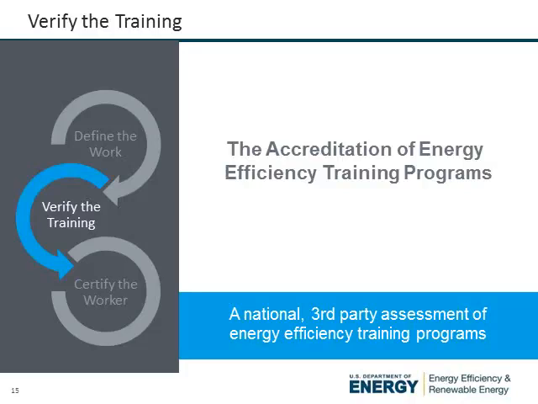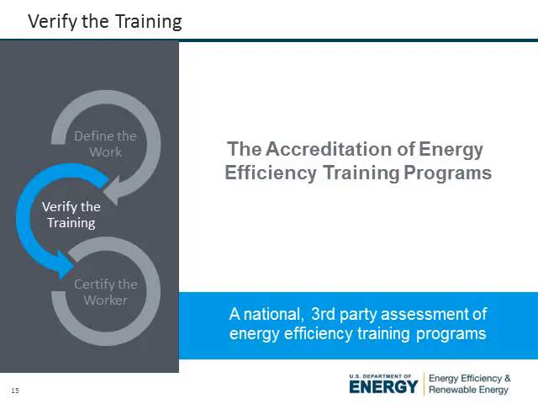And accreditation is a third-party assessment of an organization's ability to do what they say they're going to do. In this case, we're talking about training programs, so it's an assessment of a training program's ability to provide training in a certain discipline, and you get an accreditation for whatever job you're talking about.